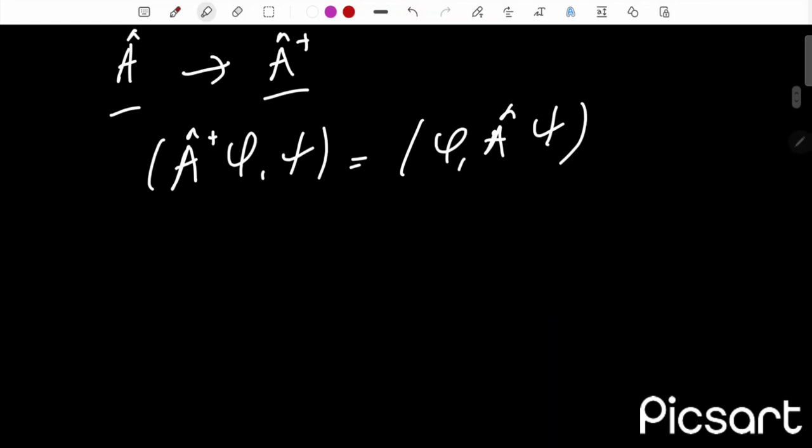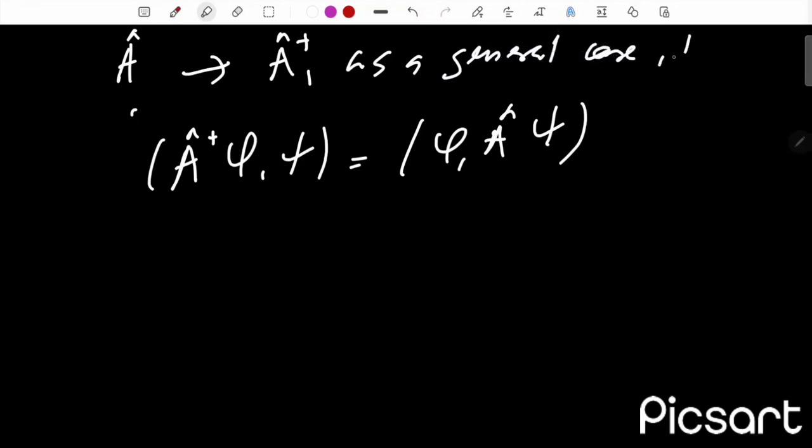But for now, suppose that usually these conjugate operators are different, or I can say, in a general case, they are different.